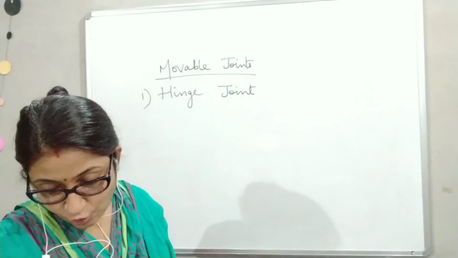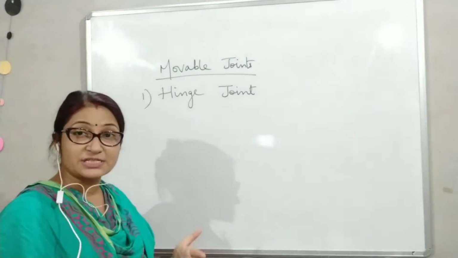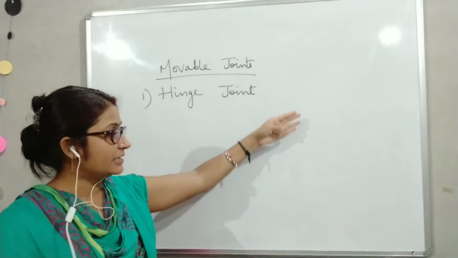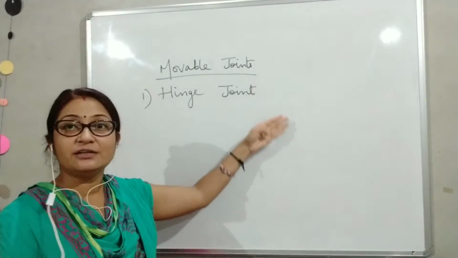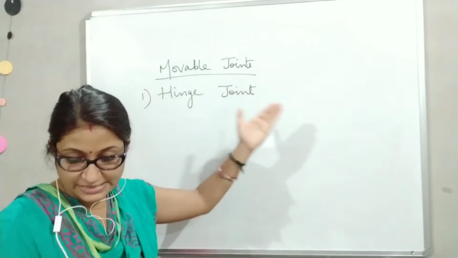Such movement is possible in our body with the help of the hinge joint. These are various examples where you can find the hinge joint. I will pen them down, and you can see them in the picture.